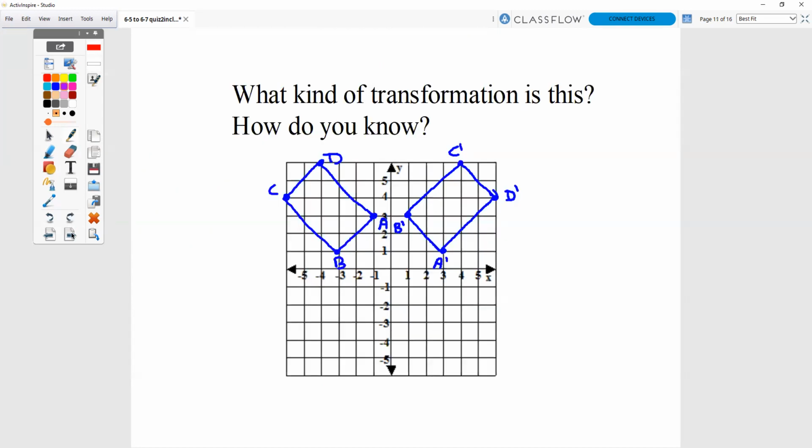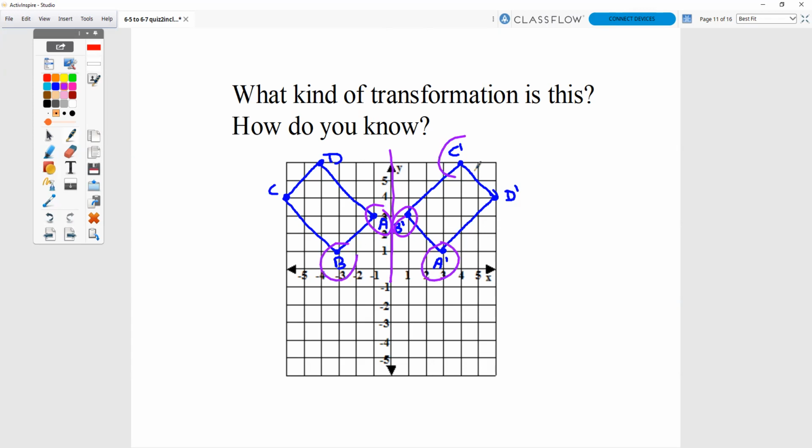When we take a look at the last question, first of all, if I gave you this, most people would think that, oh, this is a reflection. It's not a reflection though. You have to be very, very careful. This is not a reflection because notice when I draw that line down the middle, this point does not match up with that point. The points match up, but do the letters match up? No. Same thing with down here.